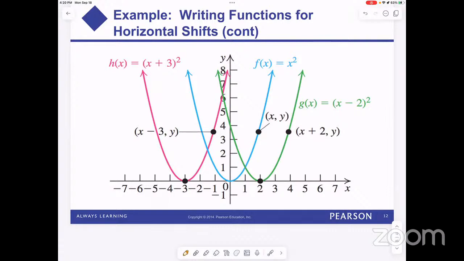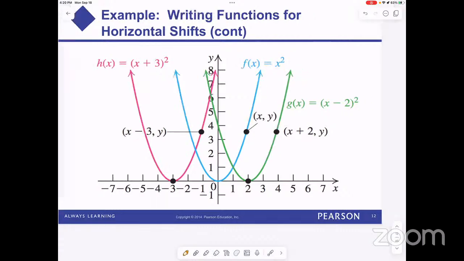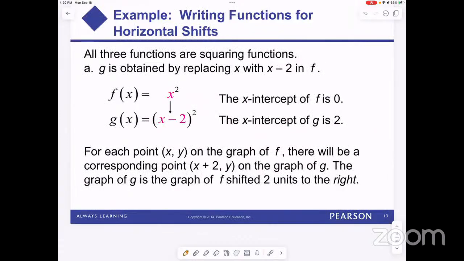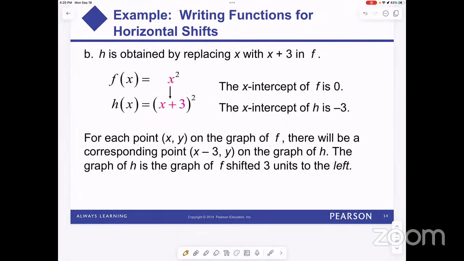So inside manipulations cause a horizontal change, and they're typically the reverse of our intuition. Okay, let me say that one more time. Inside manipulations cause a horizontal change, and they're typically the reverse of our intuition. So let c be some positive number.